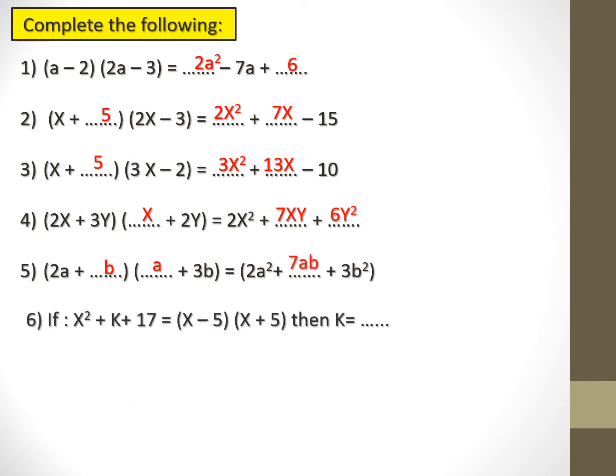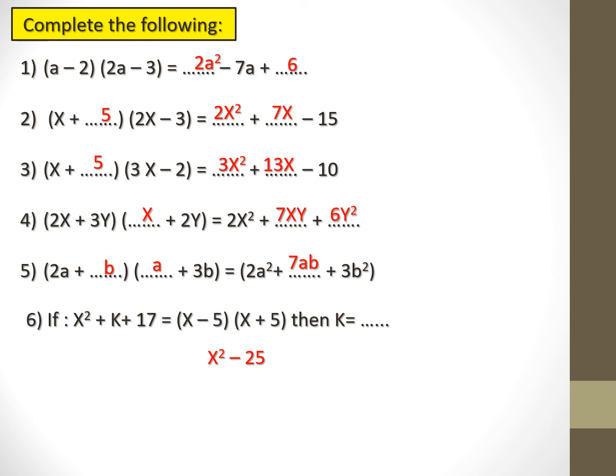Next, if x power 2 plus k plus 17 equals x minus 5 times x plus 5, then k equals what? Firstly, x minus 5 times x plus 5 equals x power 2 minus 25. So x power 2 plus what equals negative 25.